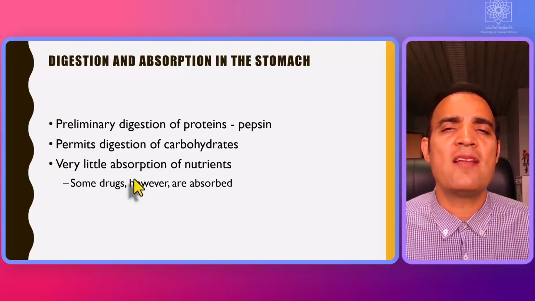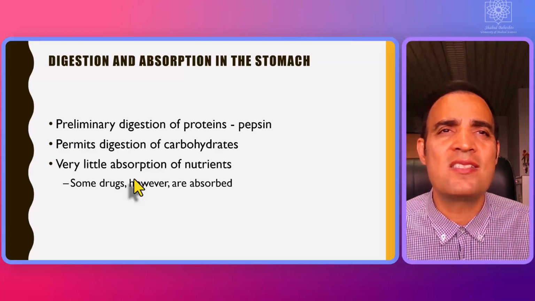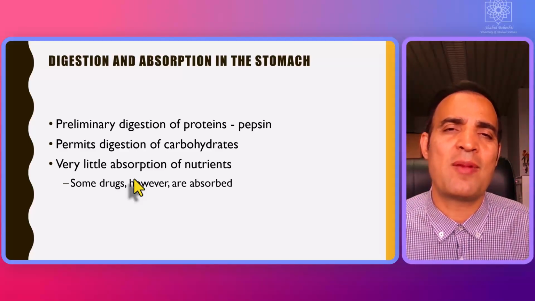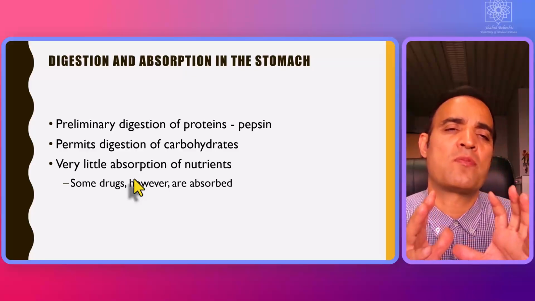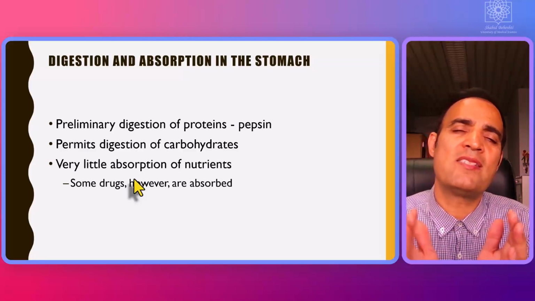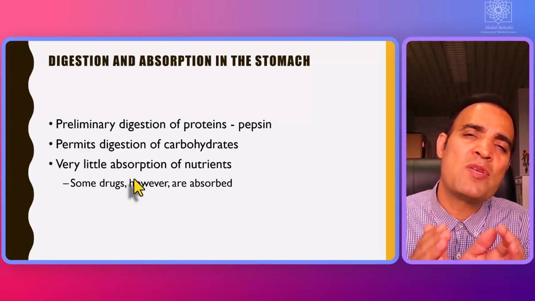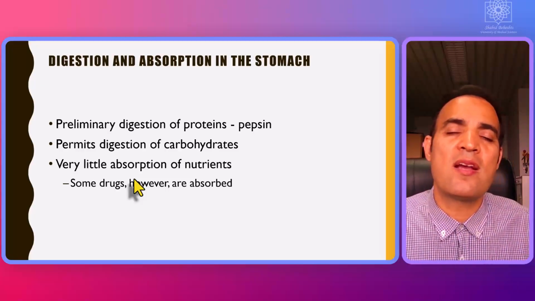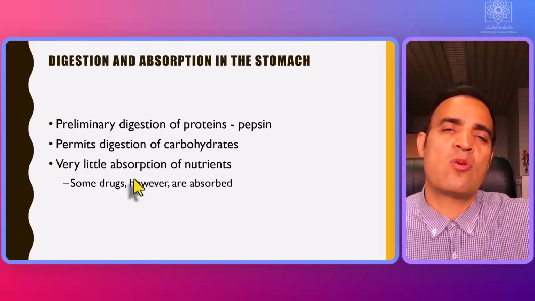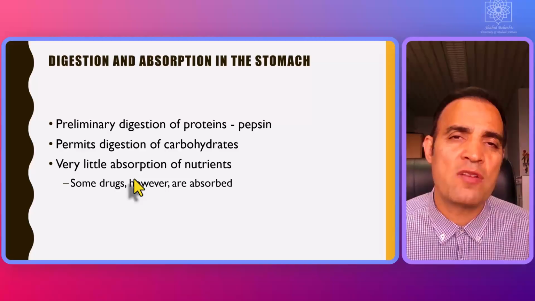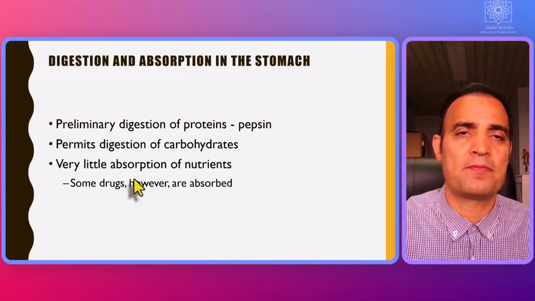Generally, the stomach just releases acid and enzyme and mixes it with the food, and preliminary digestion takes place, and then this content will be delivered to the duodenum. In the duodenum, then the jejunum and the ileum, absorption will take place.